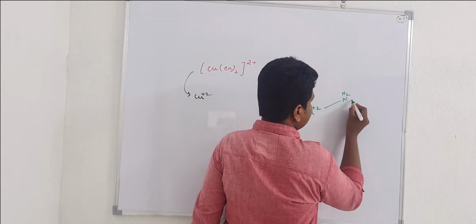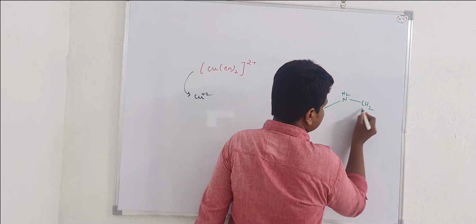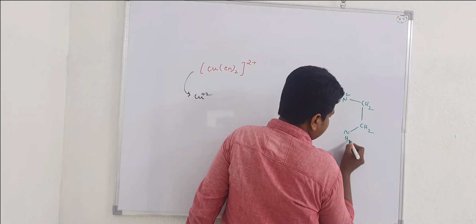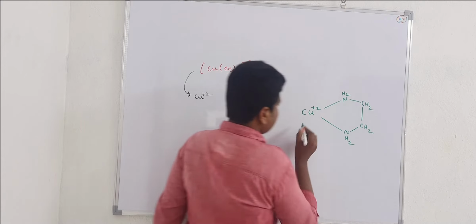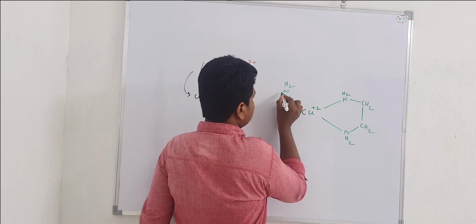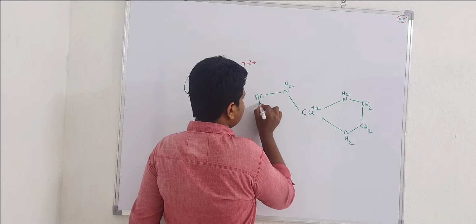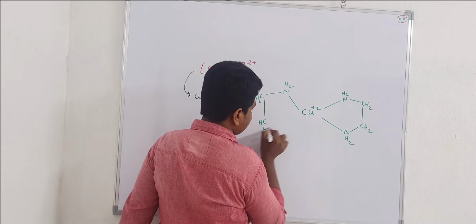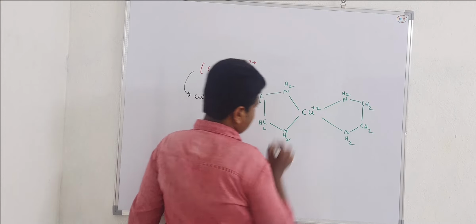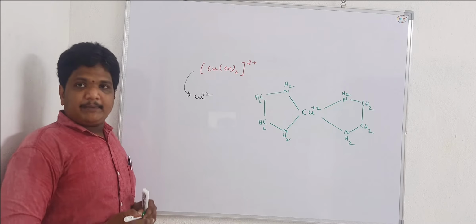So here is ethylene diamine: this is CH2, and this CH2, NH2, and this is NH2, CH2, and CH2, NH2. So it is a square planar complex.